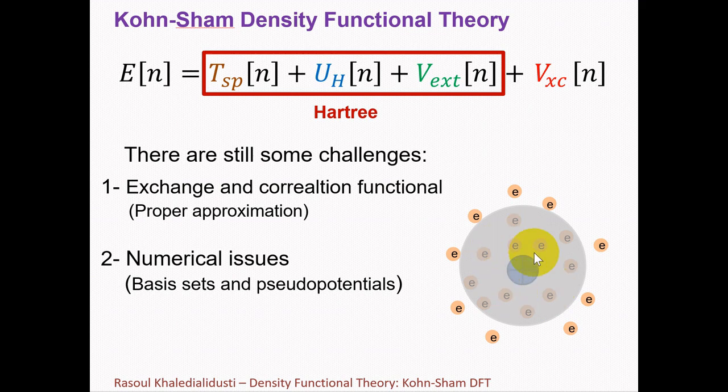So we put the electrons that are close to the core in the potential and make sure that the outermost electrons see these electrons in the appropriate way. Those are called pseudopotentials, and DFT codes typically provide a library of potentials for different elements.